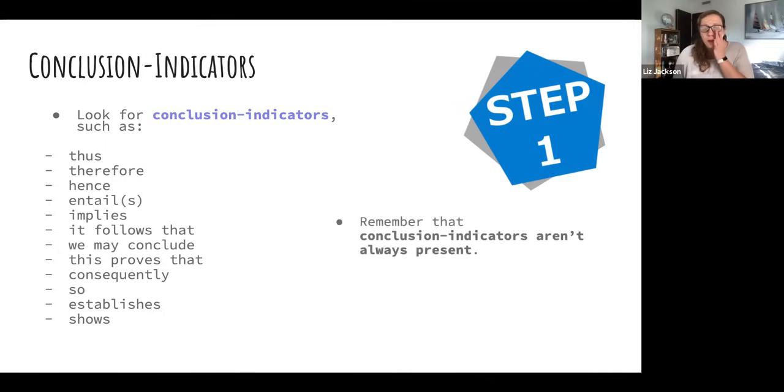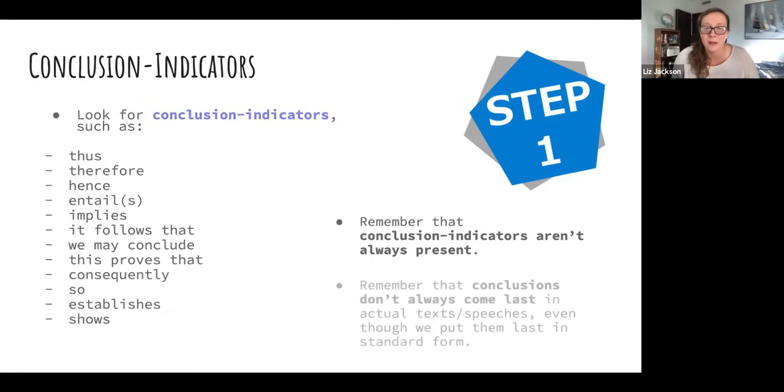These are really great and helpful tools. If we see these words, often we can think there is a conclusion around here. This is a good sign that this might be the author's conclusion, but these indicators aren't always present either. It's not like it can't be a conclusion if one of these words isn't there. So keep that in mind.